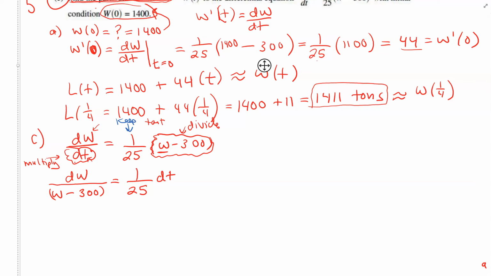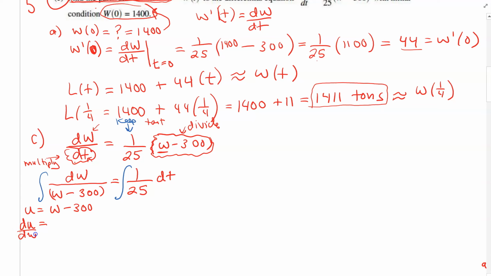Then we integrate both sides. And on the left side, technically, we don't need a u substitution, but I think it might help here to see what to do if I use a u substitution. So I'm going to let u equal w minus 300. And the derivative of u with respect to w would be 1.